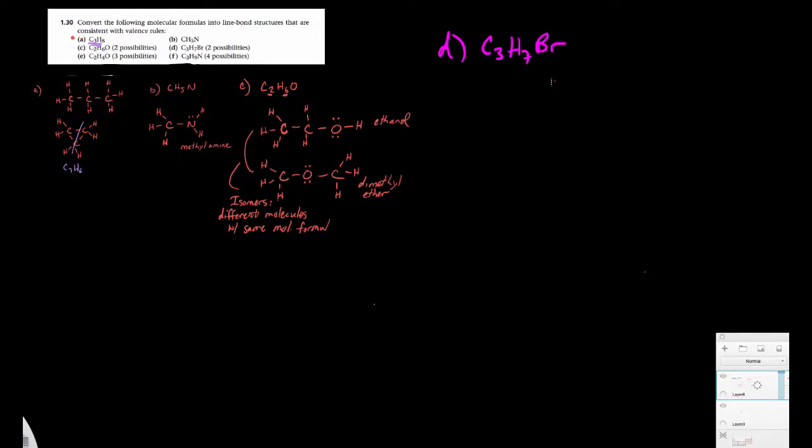So we'll start with the carbon atoms, 1, 2, 3, or we could have the carbon atoms again in a cyclic structure. So let's see if this works. Starting here, we have 3 carbons and 7 hydrogens. So let's just put the hydrogens in first. 1, 2, 3, 4, 5, 6, 7.